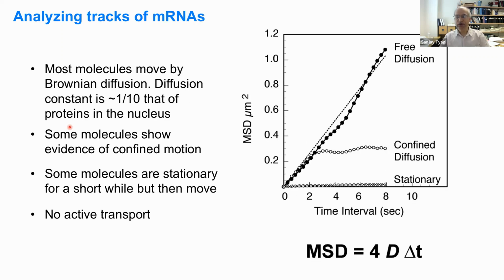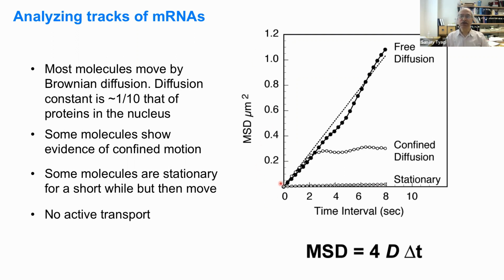I come back to a little story about him. But basically, what you find is that time interval is proportional to the mean square displacement if the diffusion is free.